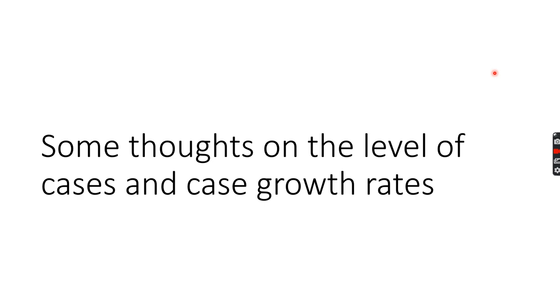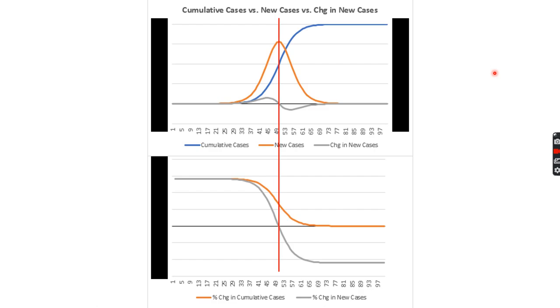Okay, I'm going to spend a little time talking about the level of the cases and the case growth rates. So going back to this chart here, this is basically the hypothetical, a scenario in which no social policies are initiated to mitigate the spread of the disease.